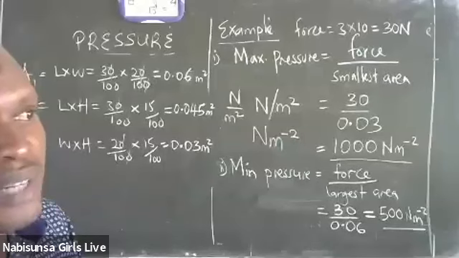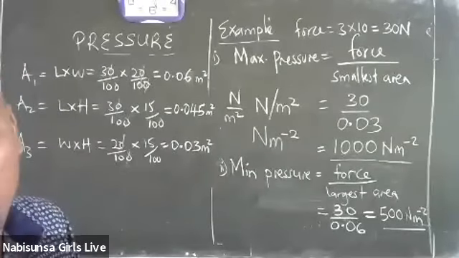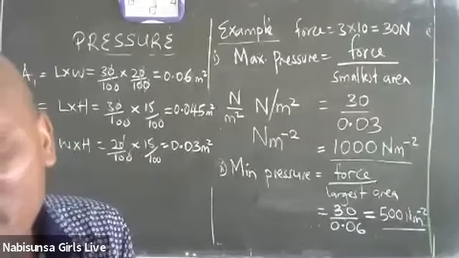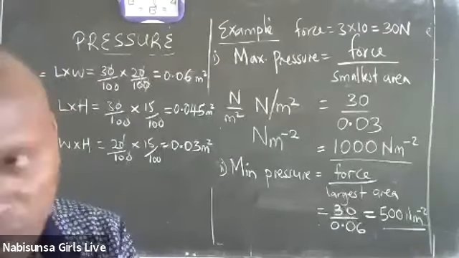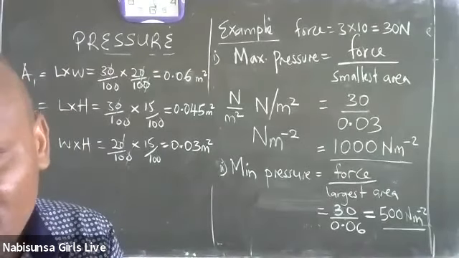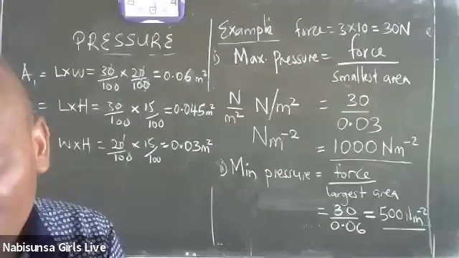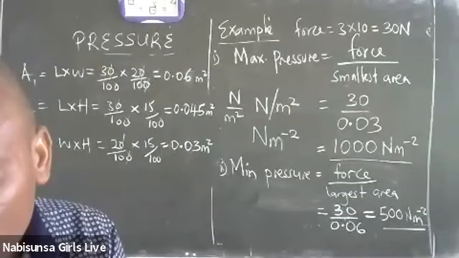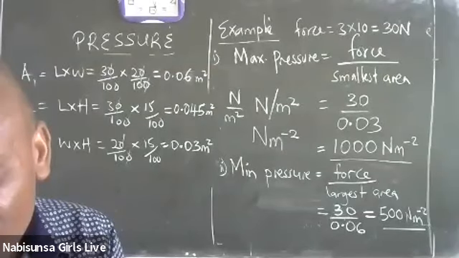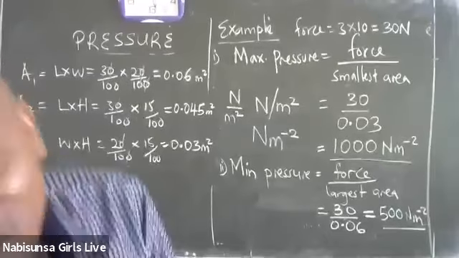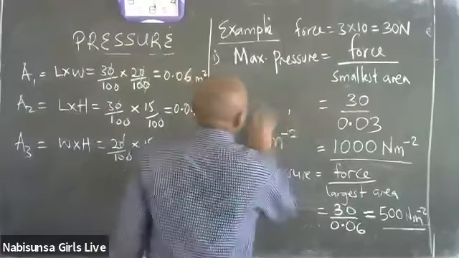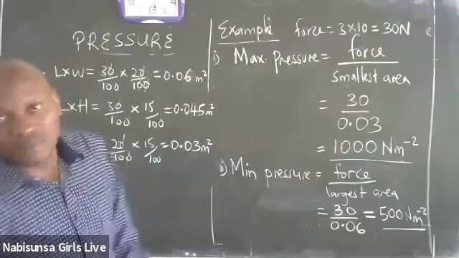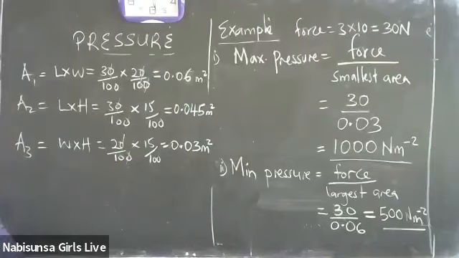Remember, I'm going to send work questions on the page. You should work them out. Any other question before we leave the class? We have 3 minutes to close this session. Yes, Sarah. How come when we're finding the maximum pressure, for the smallest area we use 0.03 instead of 0.045? At 0.03 and 0.045, which one is smaller? 0.03.